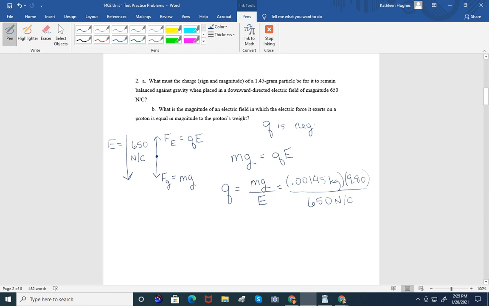Notice this, the numerator will come out mg, that's in newtons, and we're going to divide by newtons. This comes out with the correct units, and we get that Q is equal to negative 2.19 times 10 to the negative 5 coulombs. Perfectly good answer right there.